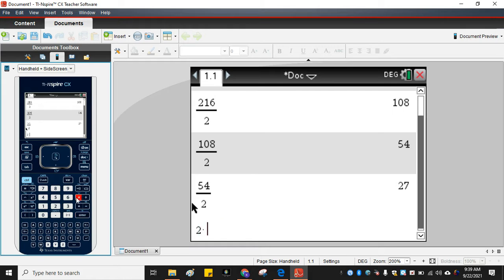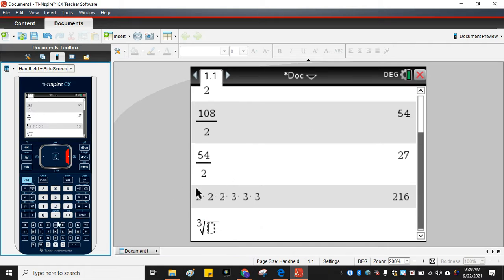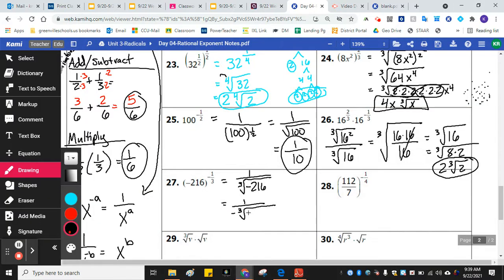So 2 times 2 times 3 times 3 times 3, 216. So actually, that's a nice cube root then, isn't it? The cube root of 216 is 6. That was my plan before I knew it was just 6. So that equals 1 over negative 6. And that negative can be with the 6, can be with the 1, or can be out front. Choose one.